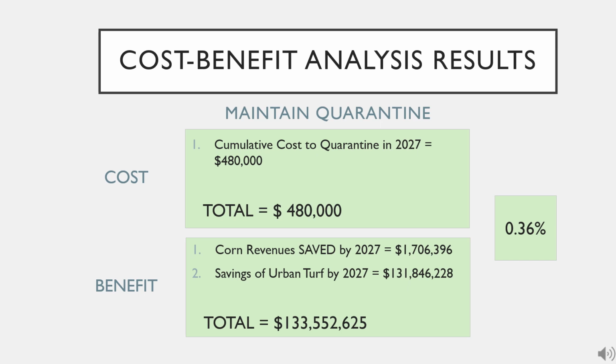If the costs are greater than the benefit, Utah Agricultural Department should not continue to quarantine. If the costs are less than the benefit, the Utah Agricultural Department should continue to quarantine.